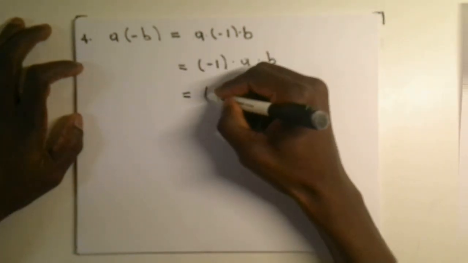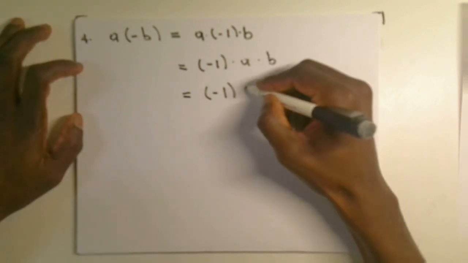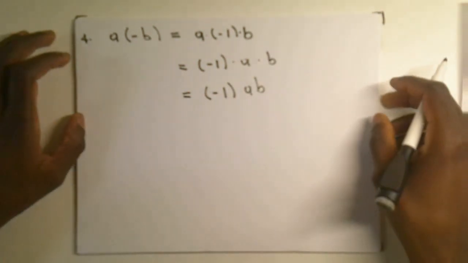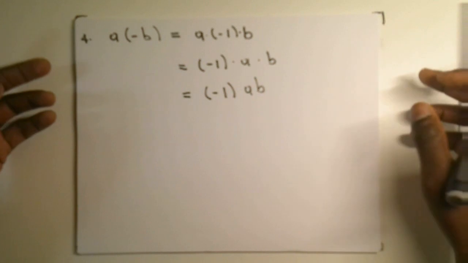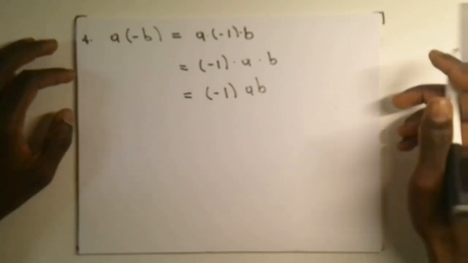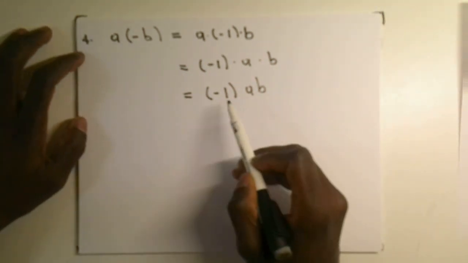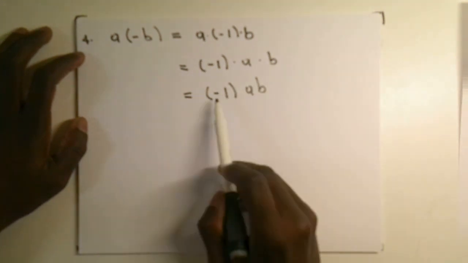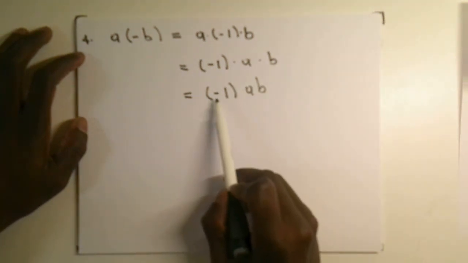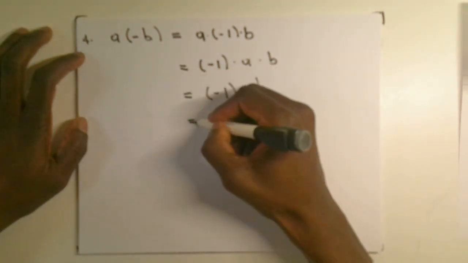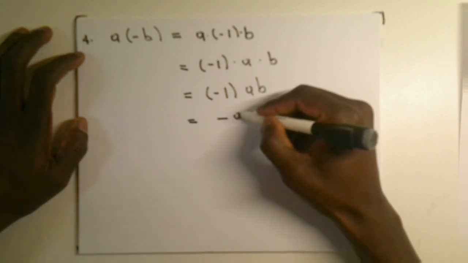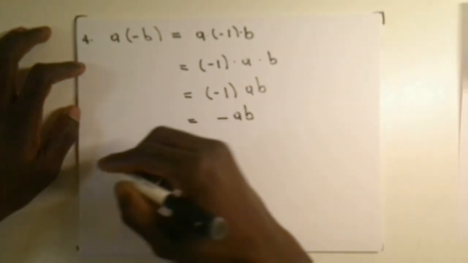So now this gives me negative 1 times AB, right? So we think of AB as this new element, this product element. And then we see from the previous fact, which we can use earlier, that this negative 1 times AB will give me negative AB, right?